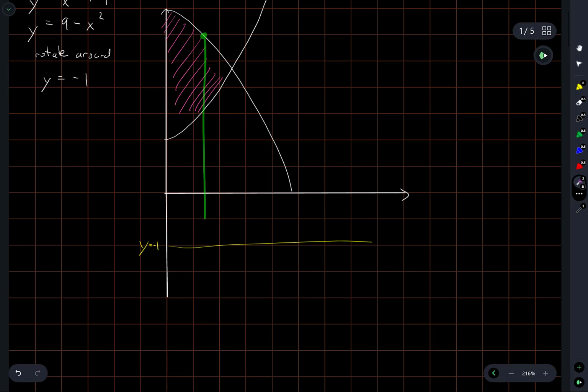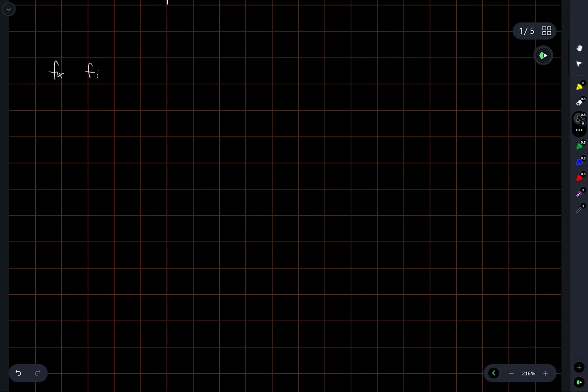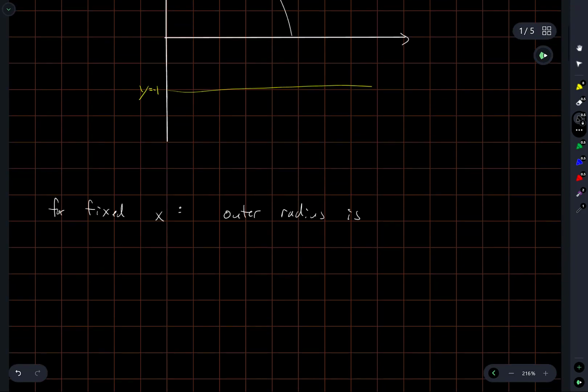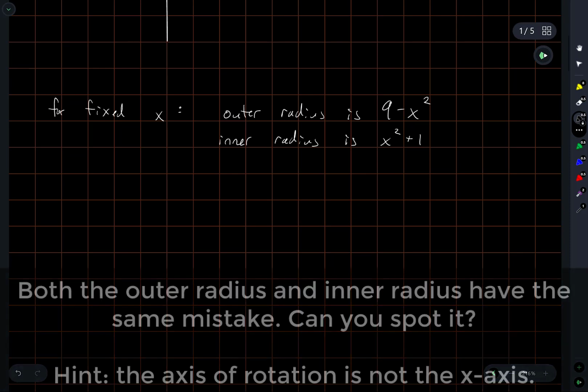And so basically we have a disk of this radius minus a disk of the inner radius. Okay, so let's imagine we have a fixed value of x. The outer radius is given by the curve on top, which is 9 minus x squared. And the inner radius is given by the other curve, x squared plus 1.